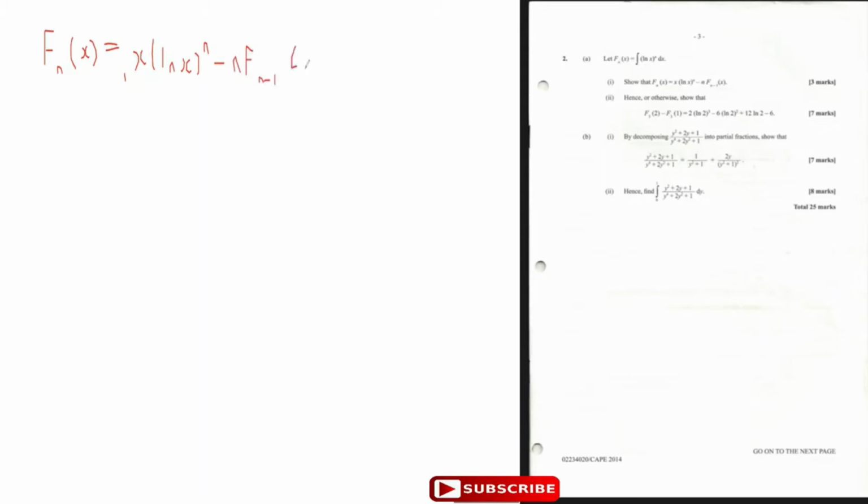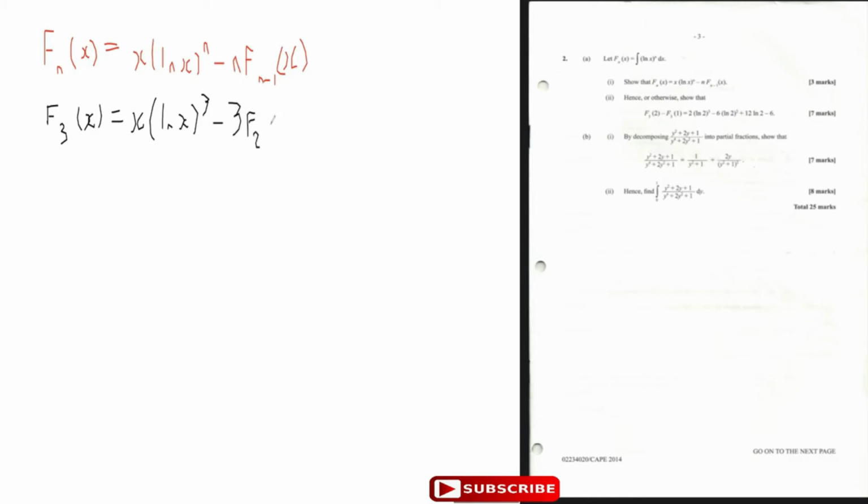Nice. Now that we need to prove this, what are we going to do? Well, first thing I like to do is start by finding what is f3 of x. So to find what is f3 of x, we can substitute n as 3. So f3 of x will be equal to x ln x to the third power minus 3 times f2 of x, because 3 minus 1 is 2.